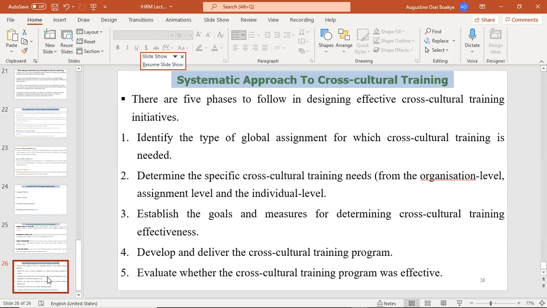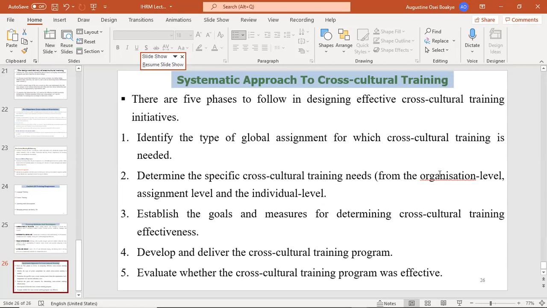And at the individual level too, there are some needs that you have to consider. So that is why last semester I taught you something about organizational analysis, person analysis, and task analysis. That is primarily what is happening at this level. And the information that you get over here, you use it to establish the goals and measures for determining cross-cultural training effectiveness. Okay.